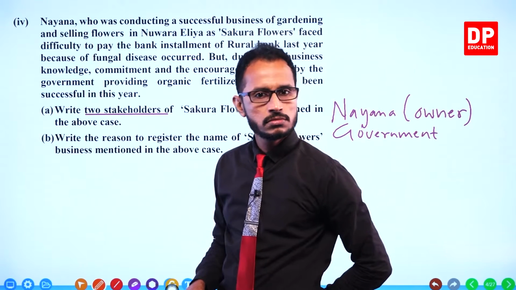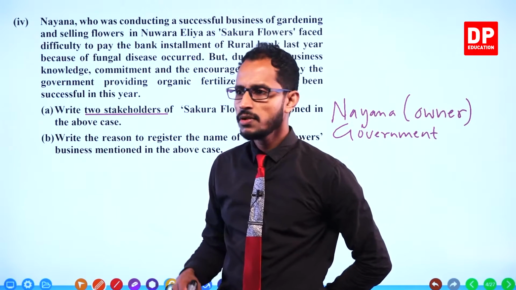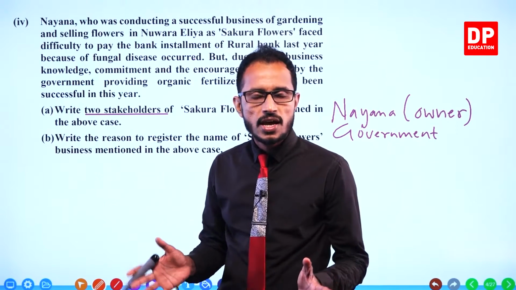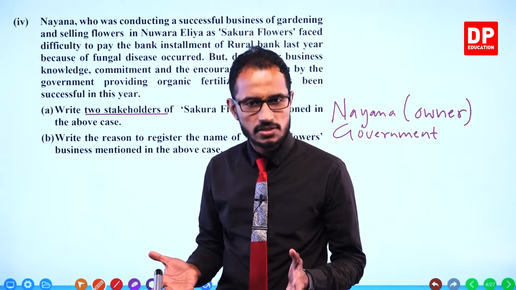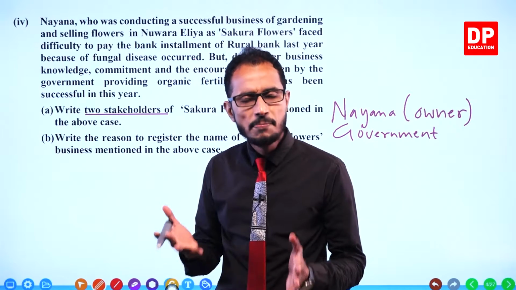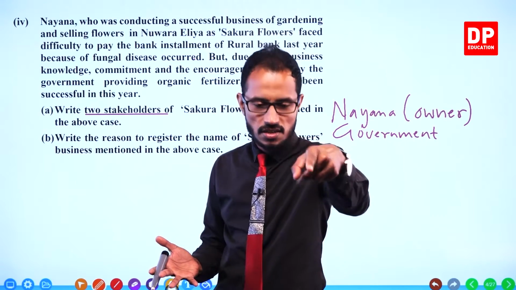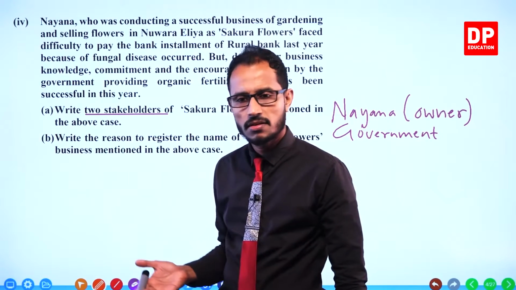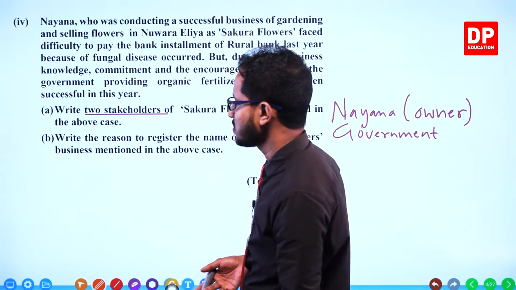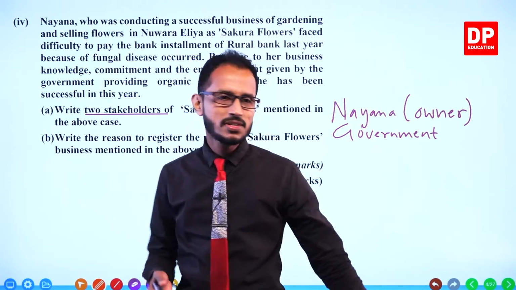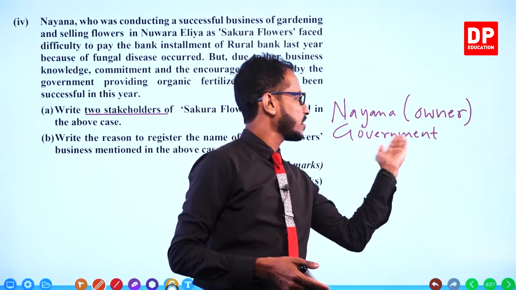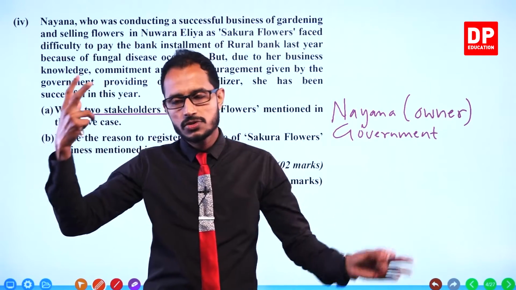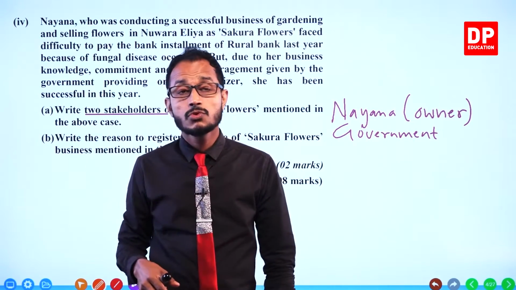Of course. Why? What do you think? Why is the government not interested in the businesses in the country? Stakeholders means any party interested in a business. It doesn't matter what the reason is. The government is, of course, interested in all the businesses of the country because they have so many purposes.